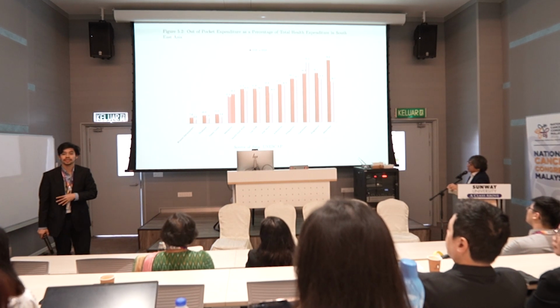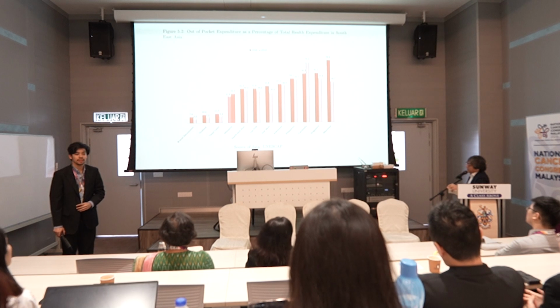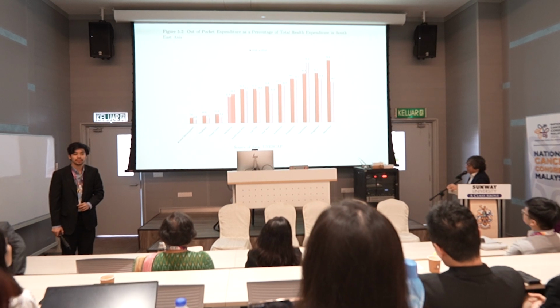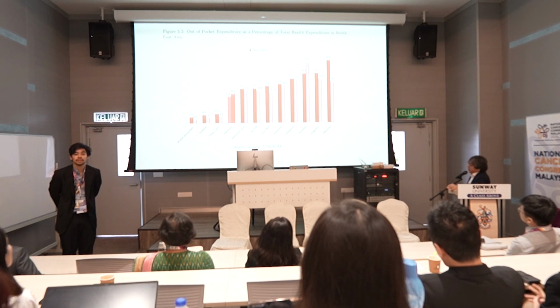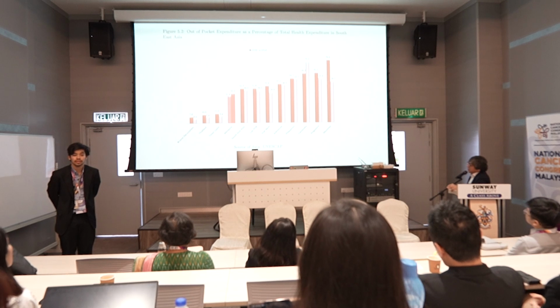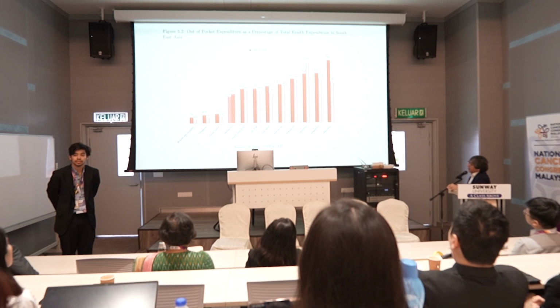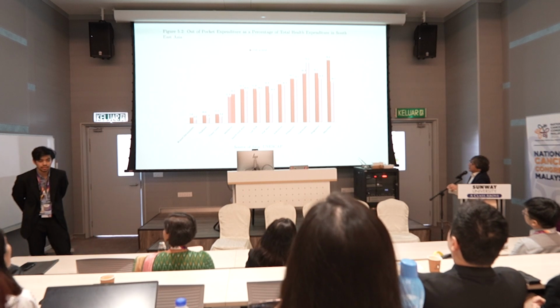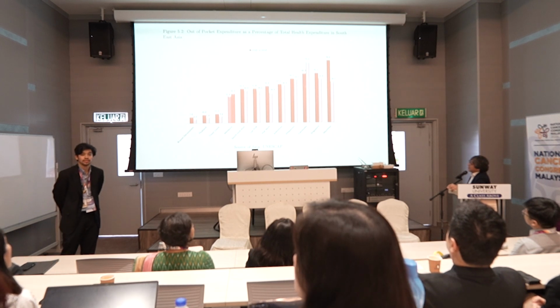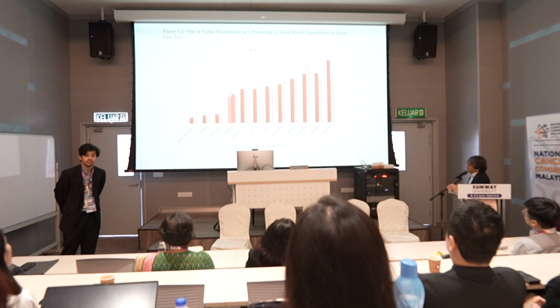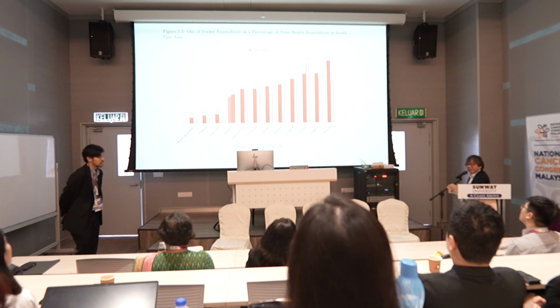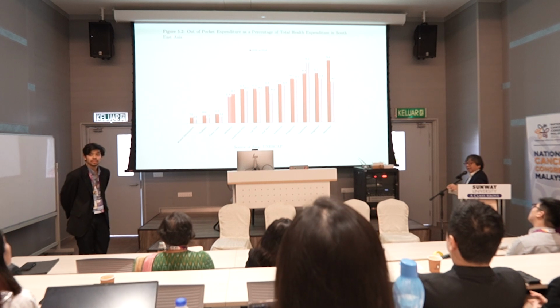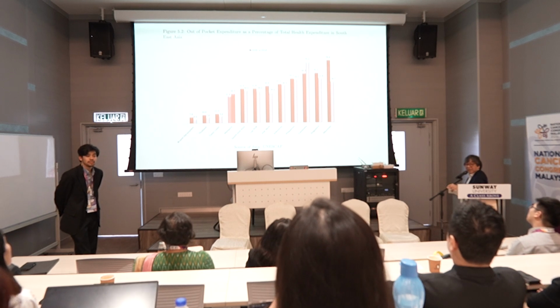However, you look at this graph, when Malaysia is compared with other ASEAN countries, you can see most other ASEAN countries are decreasing their OOP over a period of 2010 to 2014, perhaps except Cambodia. But look at Malaysia, we're increasing. So it means the problem of OOP is getting worse.